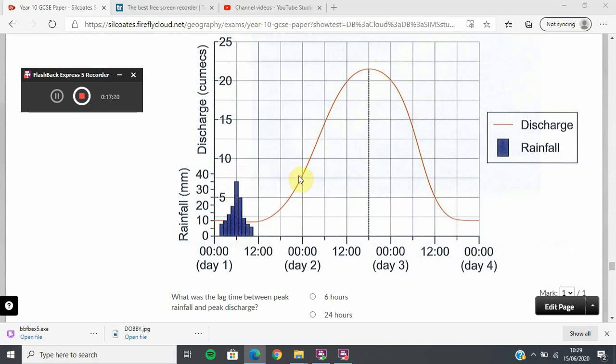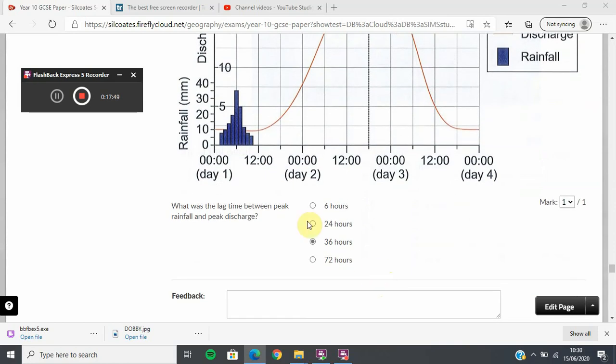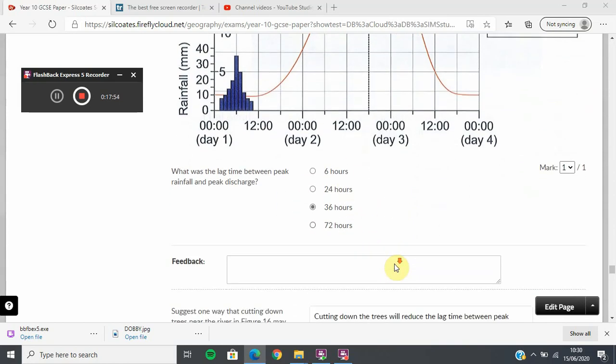Then we've got a whole day here, that's 24, so 24 add 6 is 30. Then another 6 hours to get to the afternoon. So 6 boxes along there equals 36 hours. So the water that fell on the ground here has taken 36 hours to be discharged at this part of the river. That's what it's showing us. So 36 hours was the correct answer for the lag time.